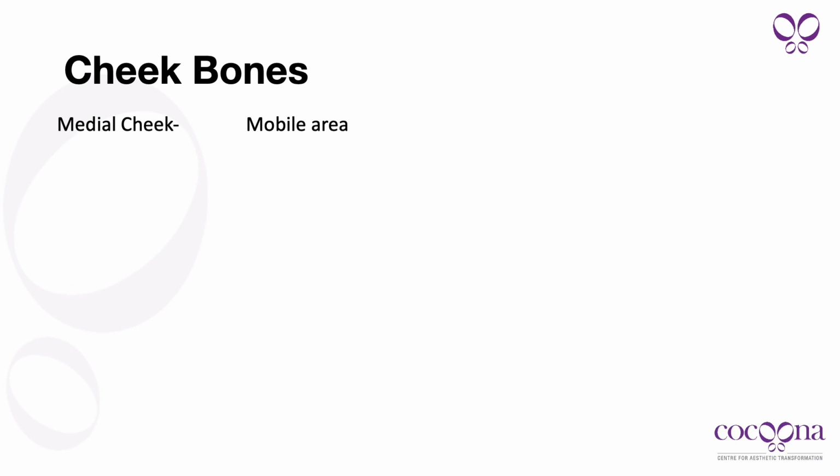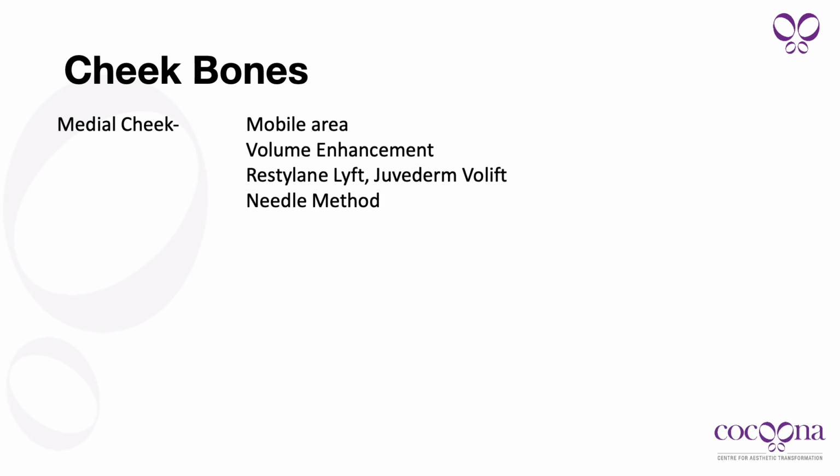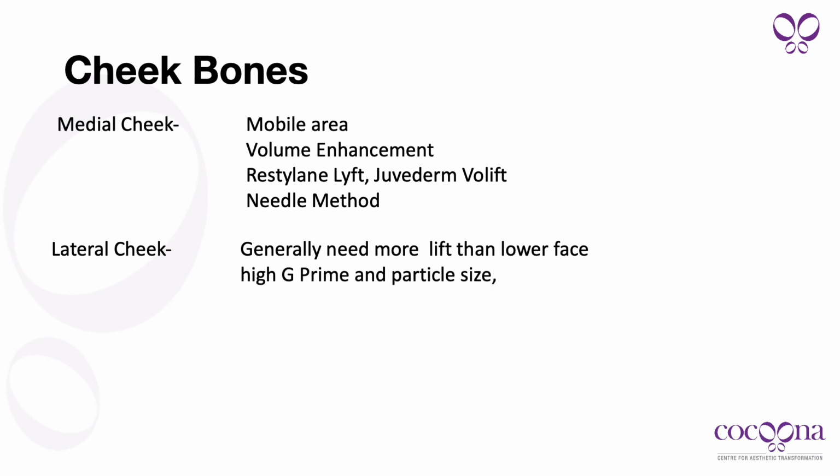So the way it is corrected in the medial cheek area, which is the most mobile area, you need volume enhancement, and Restylane Lyft or Juvederm Volift is a good product. It can be used with the needle method, in just the subcutaneous plane. The lateral cheek generally needs more lift than the lower face, so it requires a higher G prime and particle size filler that will help structure and support the zygoma.